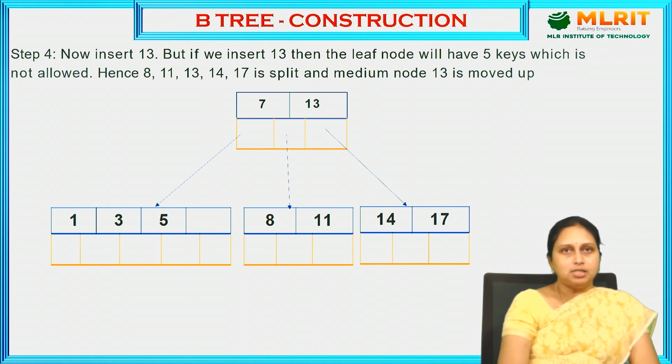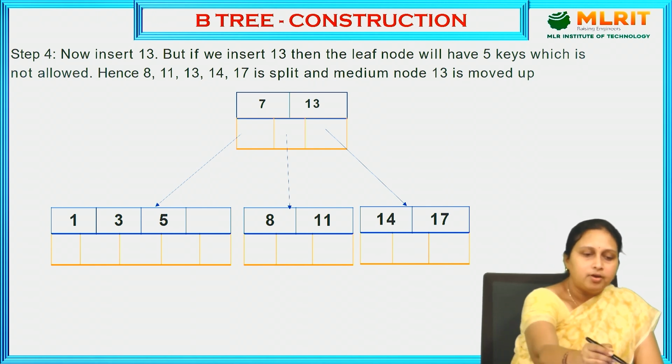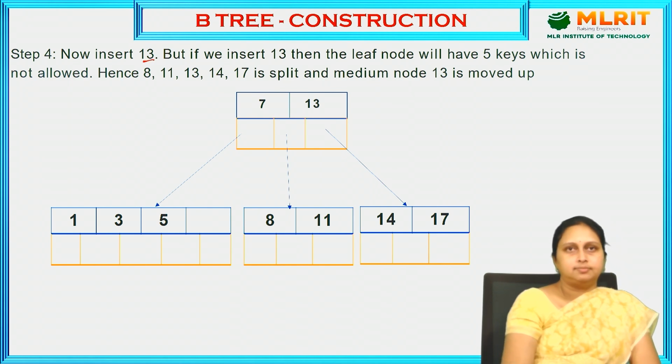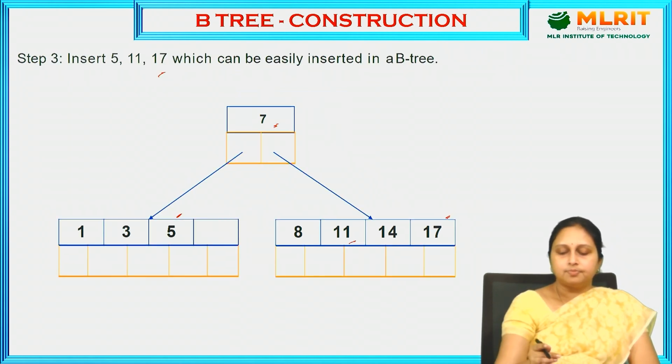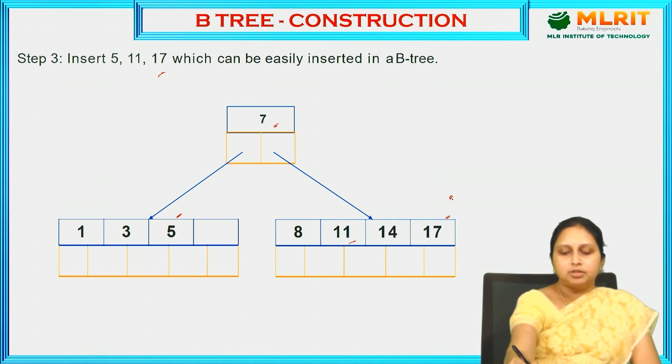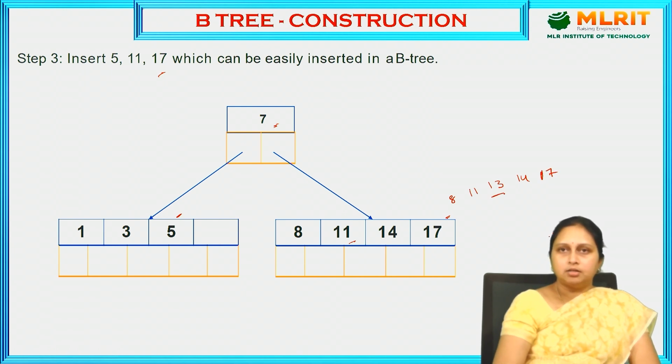Next, what is the next element I need to insert? 13 has to be inserted. When I insert 13, check the place where I need to insert it. As per this condition, I need to insert 8, 11, 13, 14 and 17. But 13 is the middle element, and I don't have the place to insert all 5.